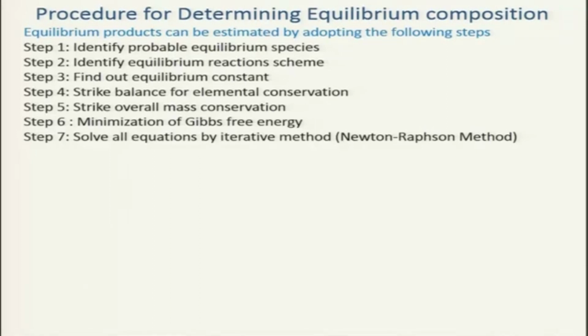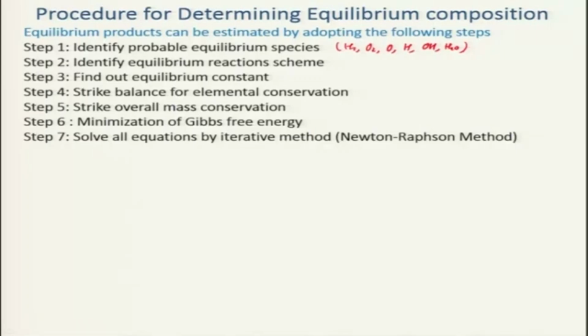The first step is to identify the probable equilibrium species. For example, if I am considering a hydrogen and oxygen system, the probable species will be hydrogen, oxygen, O, H, OH, and water, and some more may also come.